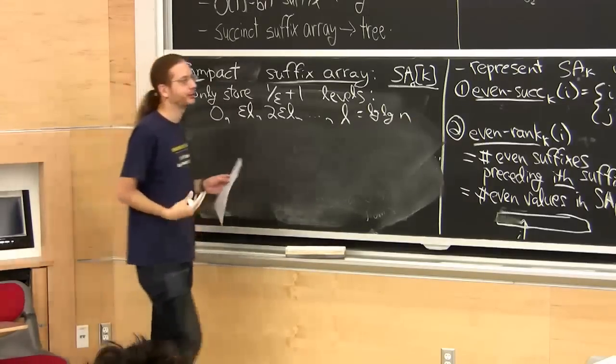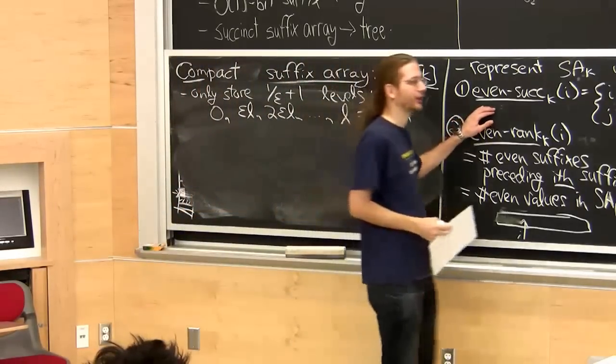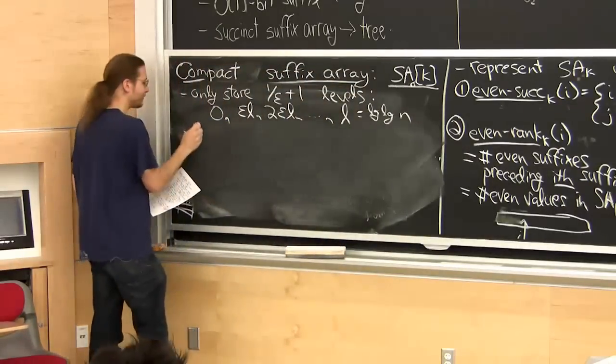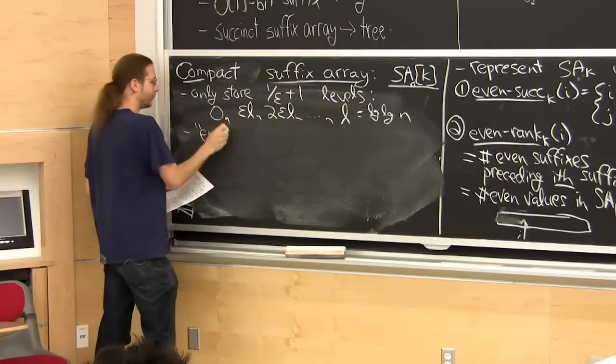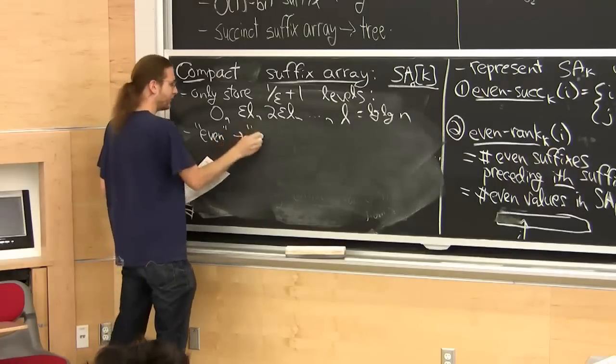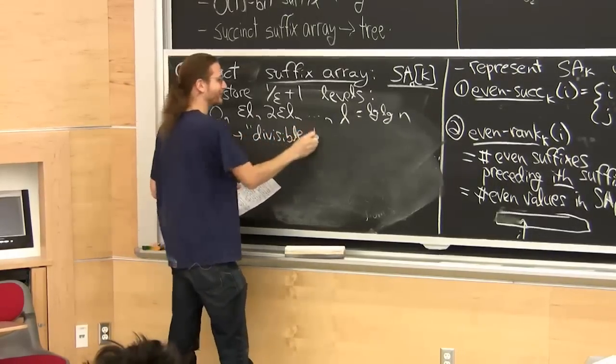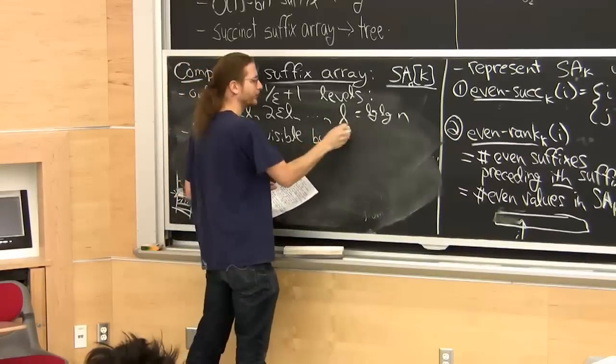Now, it's going to be different. I can't use even successor anymore. Instead, even is going to be replaced with the notion of divisible by 2 to the epsilon L instead of divisible by 2.